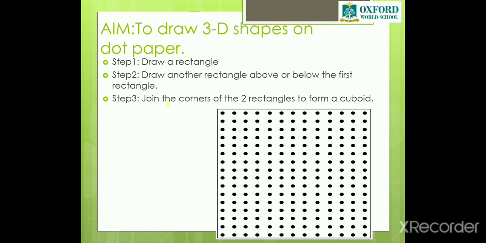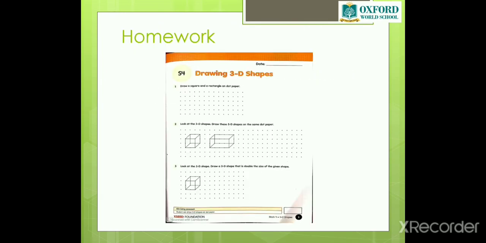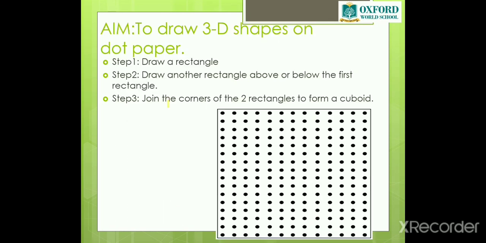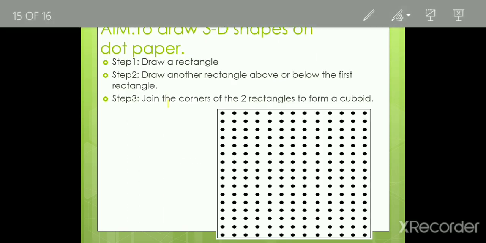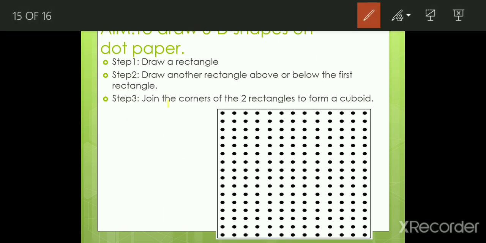Okay, so now I'll be making a cuboid. So we know that a cuboid has rectangular faces, right? And only the opposite faces are equal. So our first step will be to draw a rectangle. I can easily draw a rectangle.